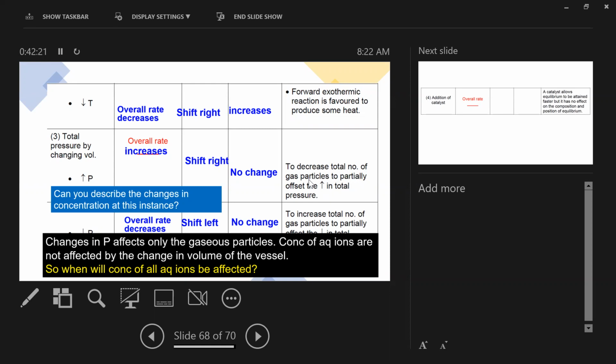What do you think? The volume of the solution is different from the volume of the vessel because it's a liquid state. Liquid doesn't occupy the total volume of the vessel. So how do you propose that I can affect the concentration of the aqueous ions in this liquid state?